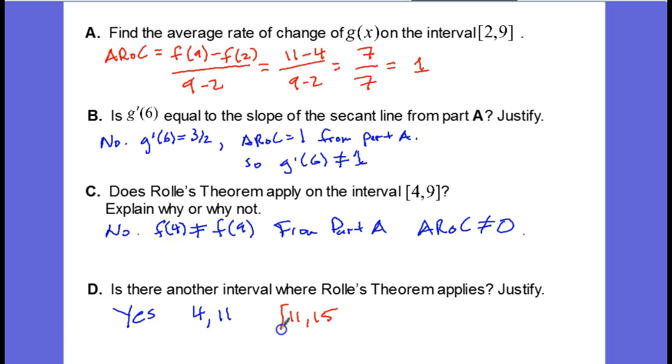Alright, and these need to be closed intervals. Alright, and so this gives us a very good application of at least finding the criteria for Rolle's theorem and whether or not we can use it on a graph that we have sketched ourselves.